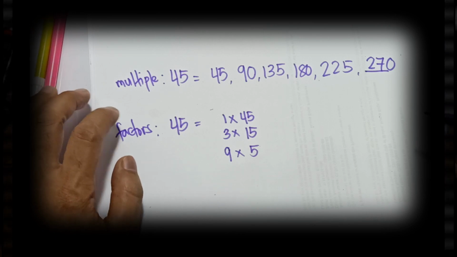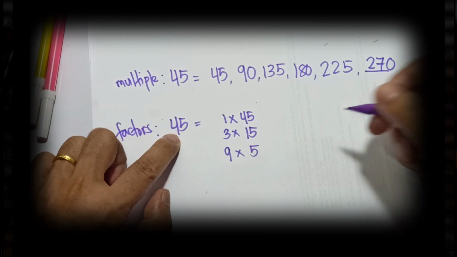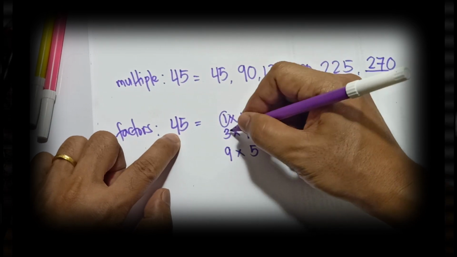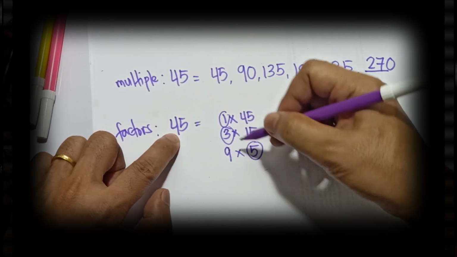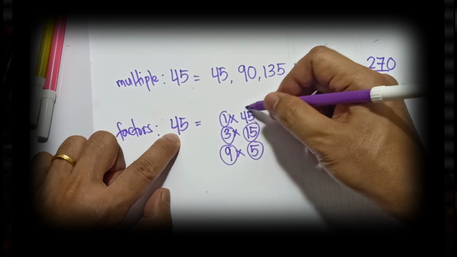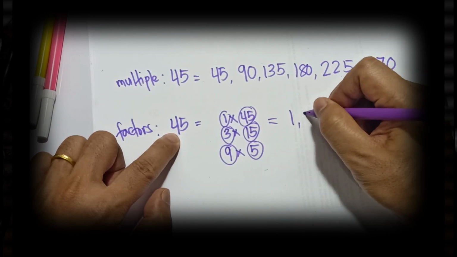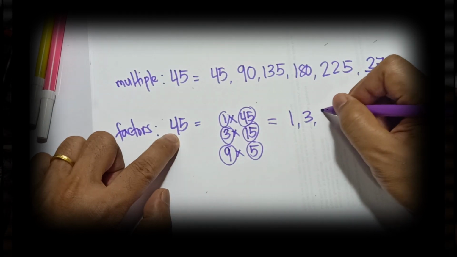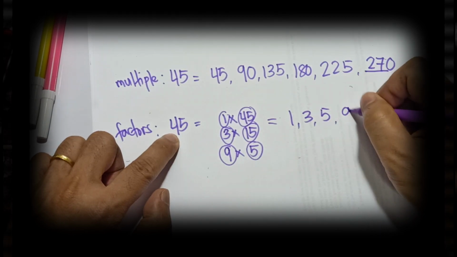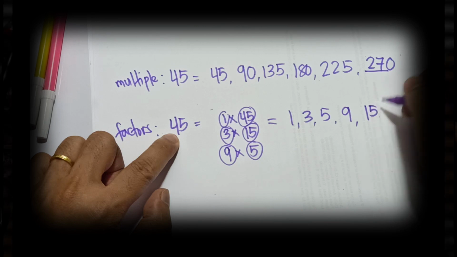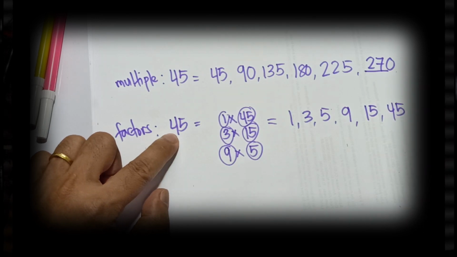So when you are asked to find the factors of 45, just list down all the factors. So the factors are 1, 3, 5, 9, 15, and 45.